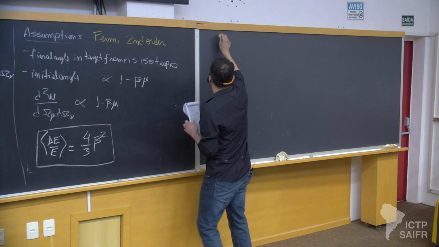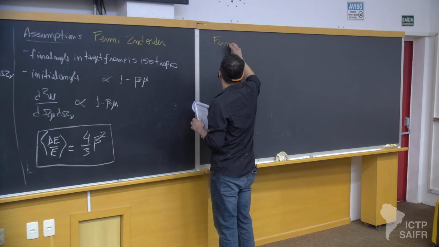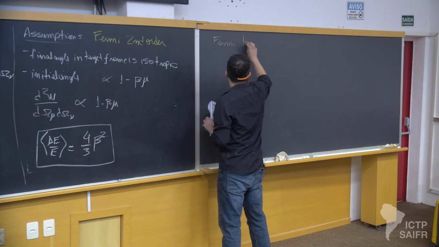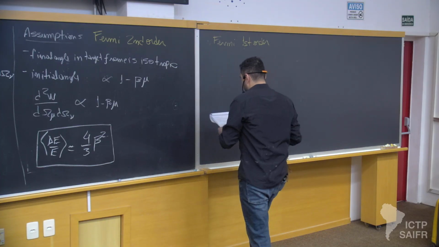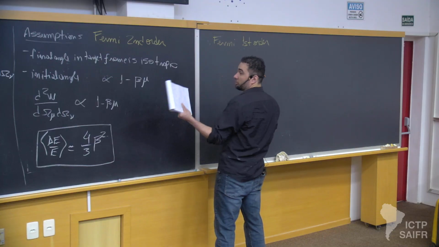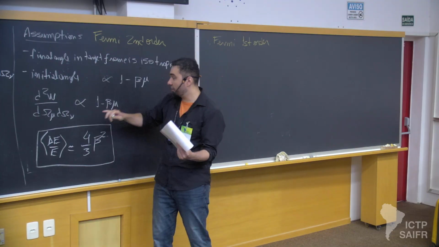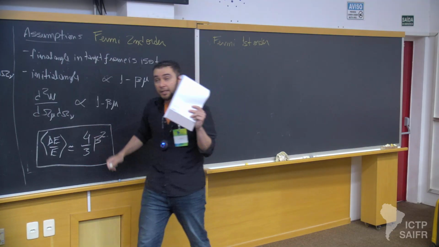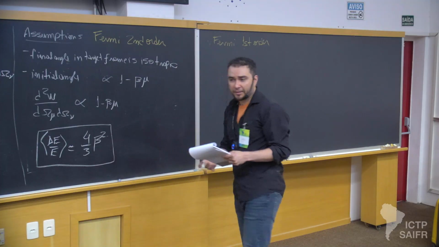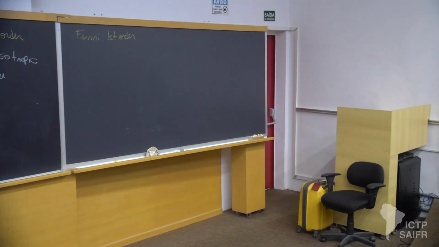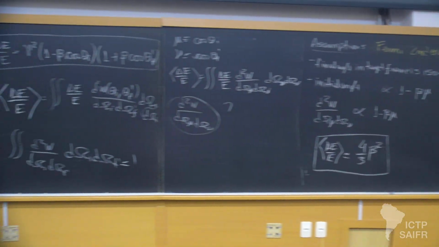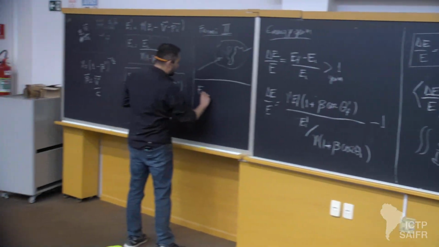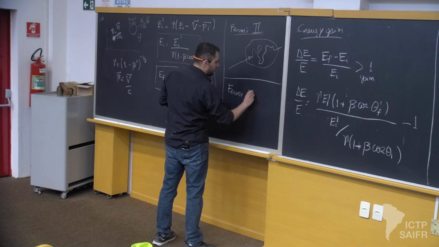Now for the Fermi first order, we are going to do exactly the same type of reasoning, so the challenge is just to find this function. And why is the Fermi first order different? Now, this is Fermi 2. So now, for the Fermi first order, Fermi 1.